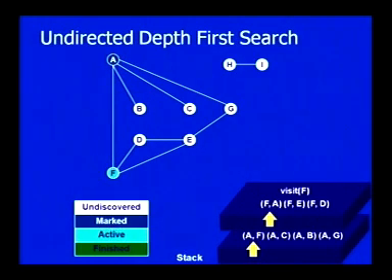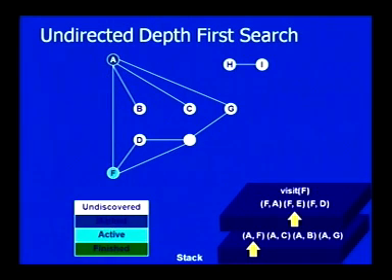A is already visited, so I go to the next entry, E. You can see E is the newly discovered node.